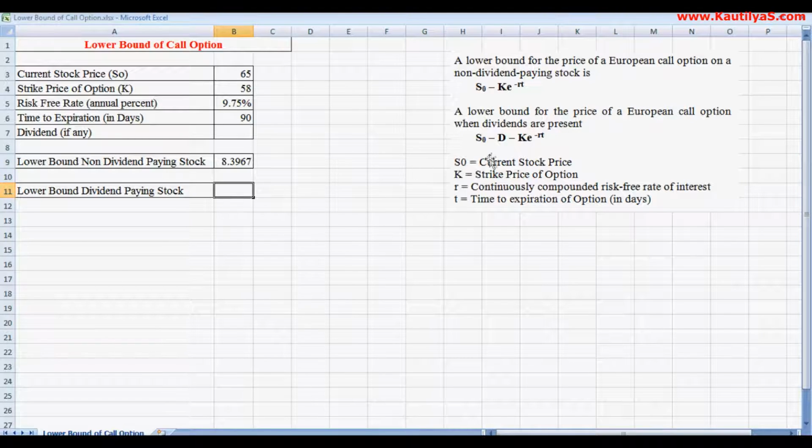In case of a dividend paying stock, the equation is current price minus dividend minus present value of the strike price. On this stock we assume that a dividend of 3 rupees has been paid.